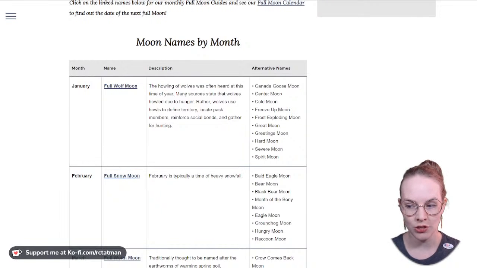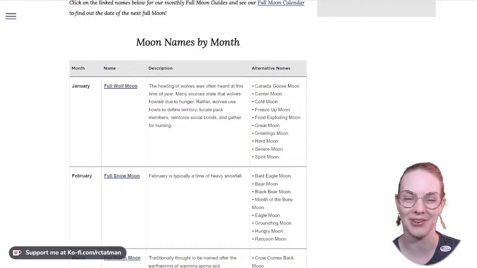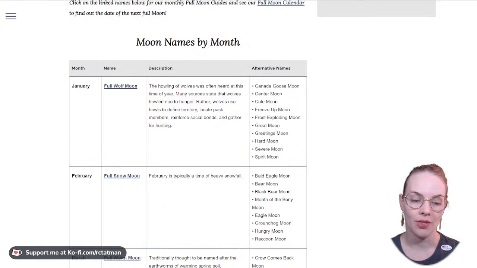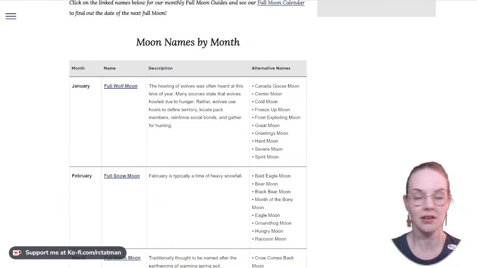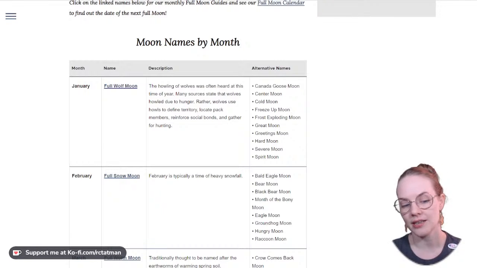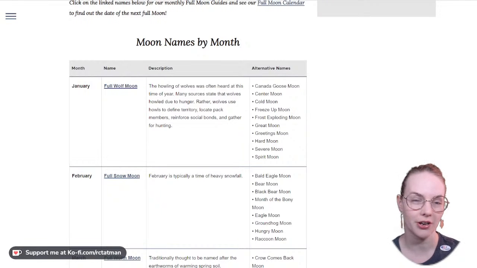And in the US, our moon naming convention is different. It's got a little bit of overlap with the UK tradition, presumably due to immigration and colonialism. But also there are a number of indigenous cultures that use moon calendars that have been folded into Appalachian culture in particular.